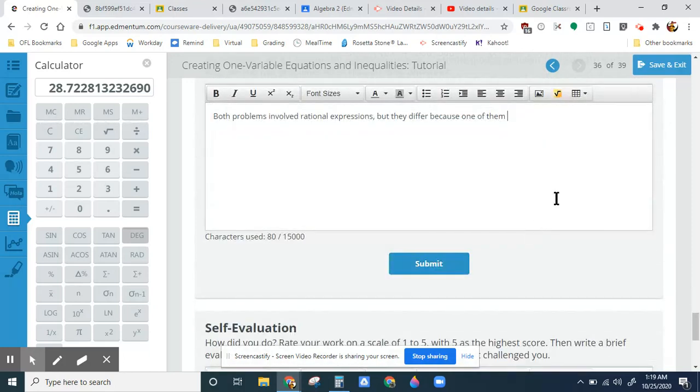One of them has us solving for a rate with a given time, while the other has us solve for the rate.